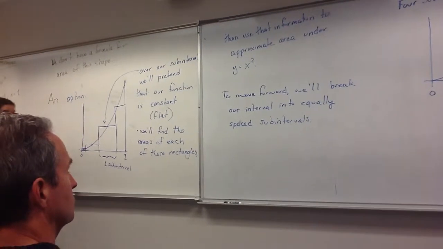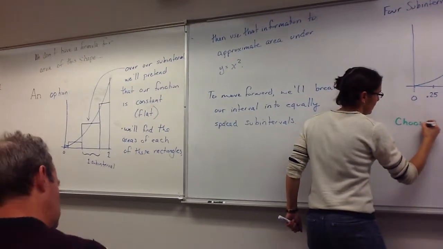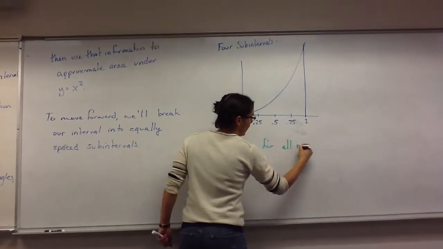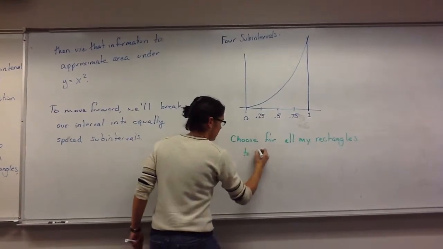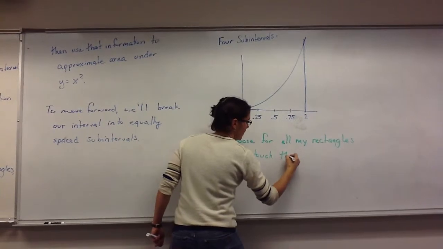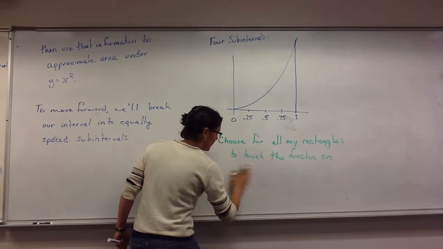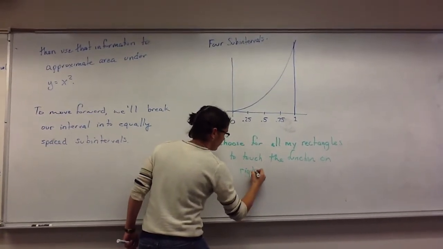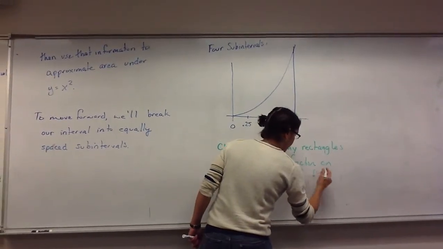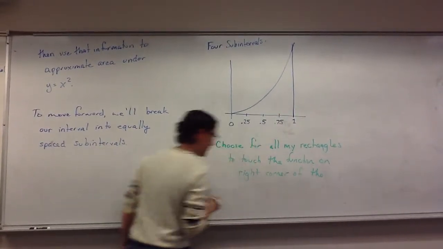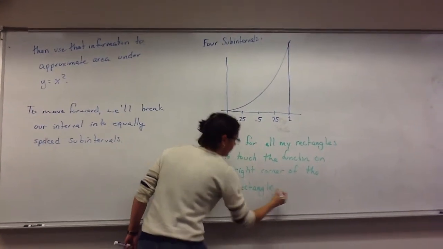To make my life uniform and a little bit easier to deal with, I am going to choose for all my rectangles to touch the function on the upper right corner. So on the right corner of the rectangle.